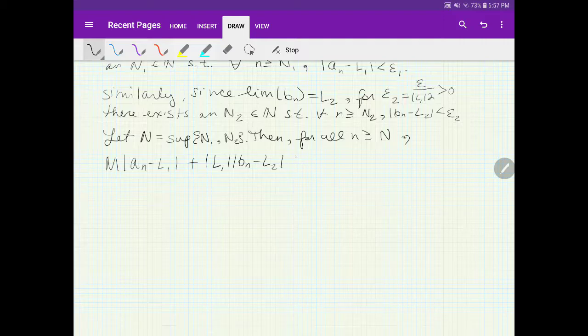And that is less than m times epsilon 1 plus the absolute value of L1 times epsilon 2. So this was by substitution.